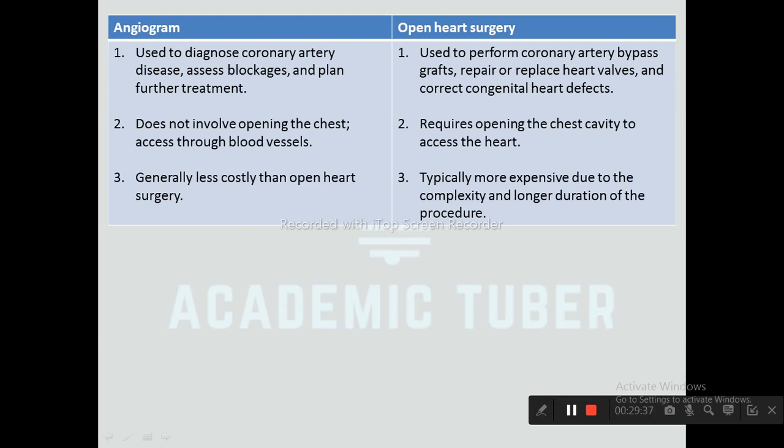Angiogram does not involve opening the chest, access is through blood vessel, whereas open heart surgery requires opening the chest cavity to access the heart. Angiogram is generally less costly than open heart surgery, whereas open heart surgery is typically more expensive due to the complexity and longer duration of procedure.